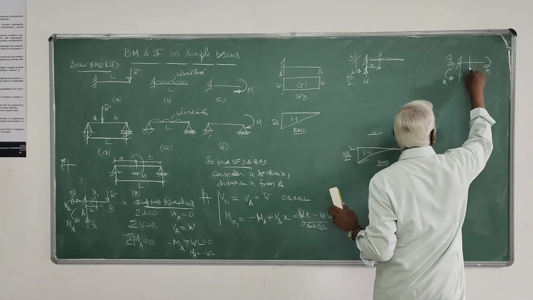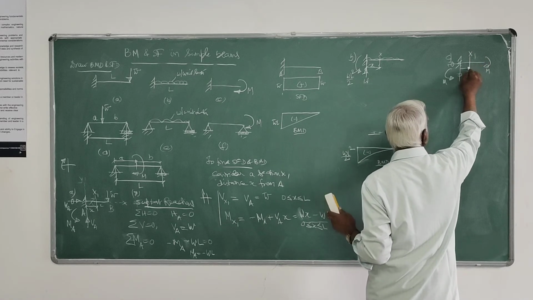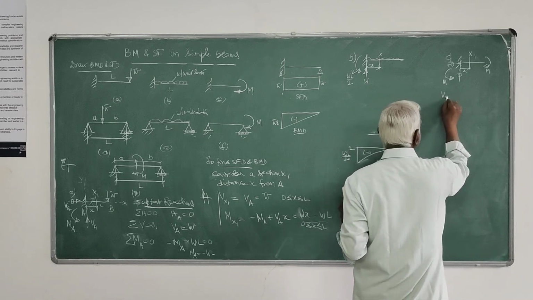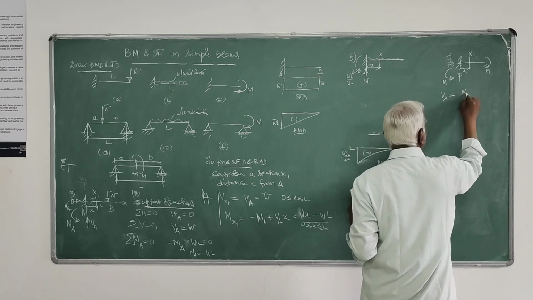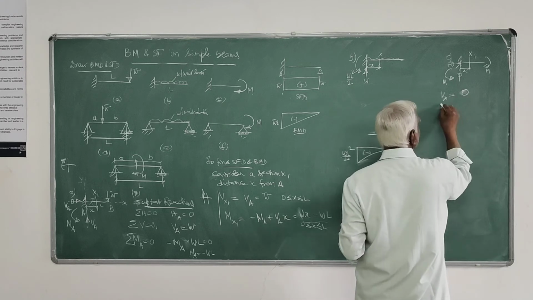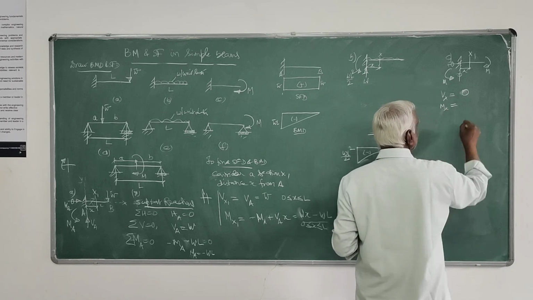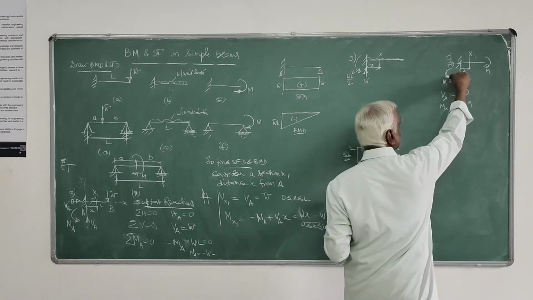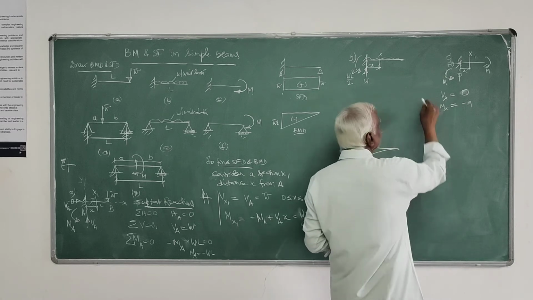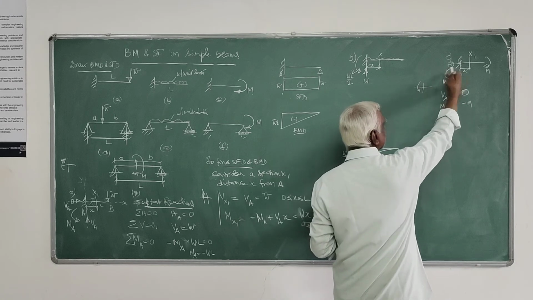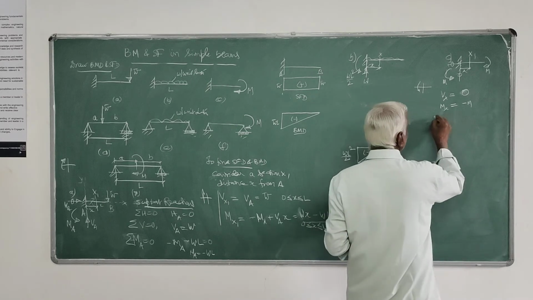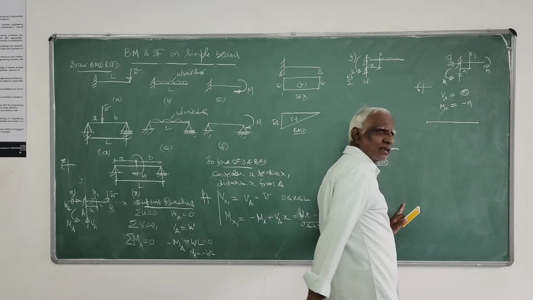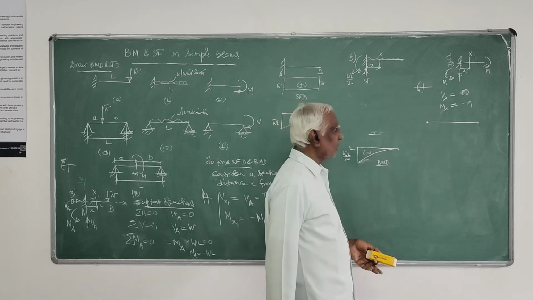Then only one section is enough, at a distance x. So Vx is 0 and Mx is equal to minus M because it is anticlockwise, so it is negative. Therefore, shear force will be just 0 throughout.